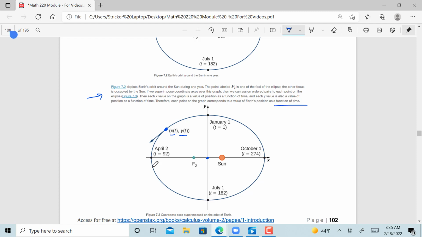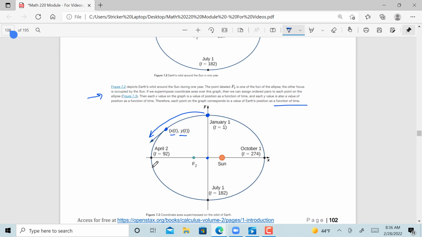And so you can see this kind of playing out where January 1st is up here at the top, and at January 1st, or when t equals 1, this is the location of the Earth up on the y-axis. And as time increases, we move in the counterclockwise direction all the way around until we get all the way back to the starting point.